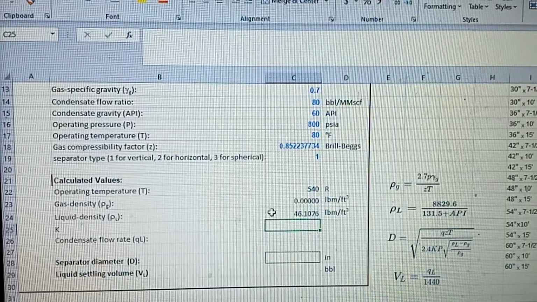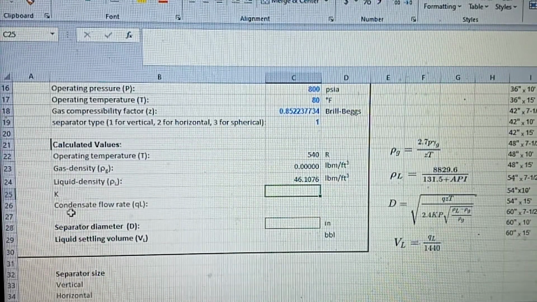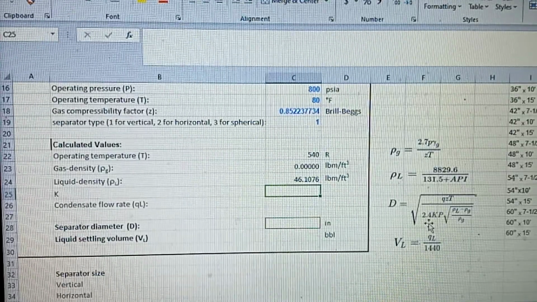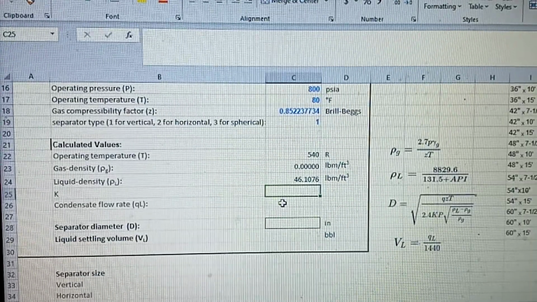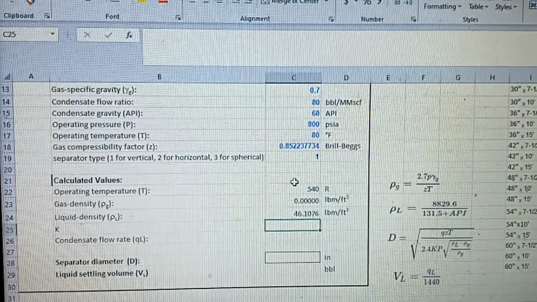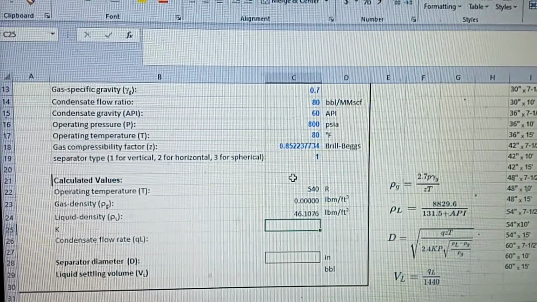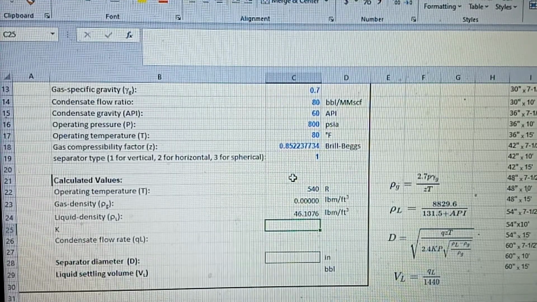Then the next thing is to find the K value. K is a constant you use to find D. If it's vertical, you use 0.205. If it's horizontal, you use 0.45. If it is spherical, you use 0.325.